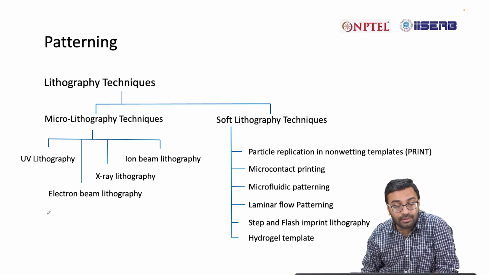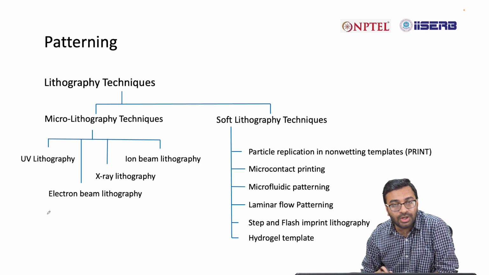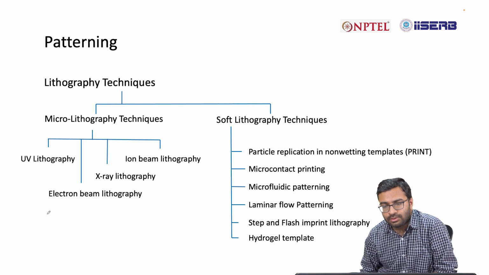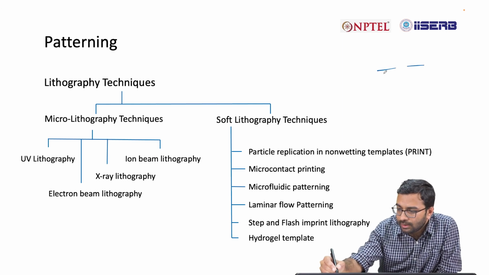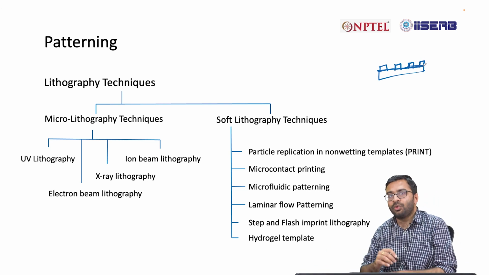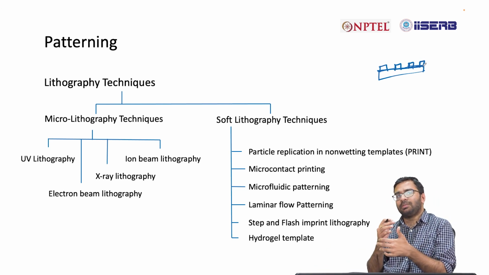Once you have the deposition technique with you, you also need a certain sort of patterning technique, because say you have a wafer and you want to deposit a material which has a certain pattern of this sort. If you don't have a patterning technique, it will be like a blanket deposition.